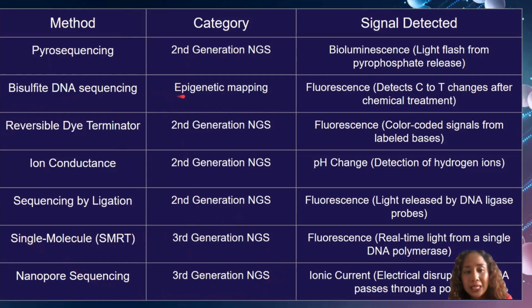Bisulfite DNA sequencing, guys, is an epigenetic mapping. So I just want to point out that it doesn't detect changes in nucleotides, guys, no? But these are epigenetic markers, meaning there is nothing wrong with the DNA sequence. However, there's a chemical modification that happens on the DNA per se.